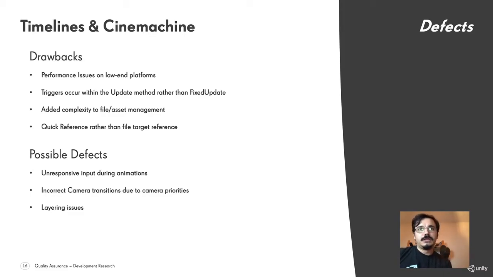Also, you could have incorrect camera transitions due to camera priorities. Every virtual camera has a priority number from 1 to however many, and if your camera priority is not set correctly, then a completely different camera can be utilized at any one point in the timeline.